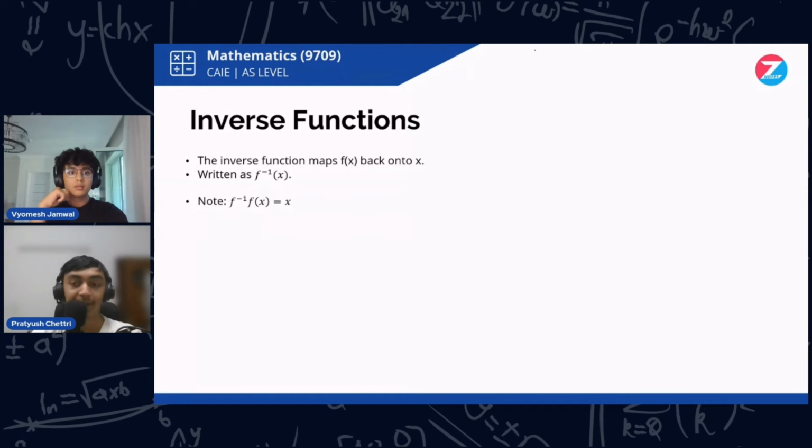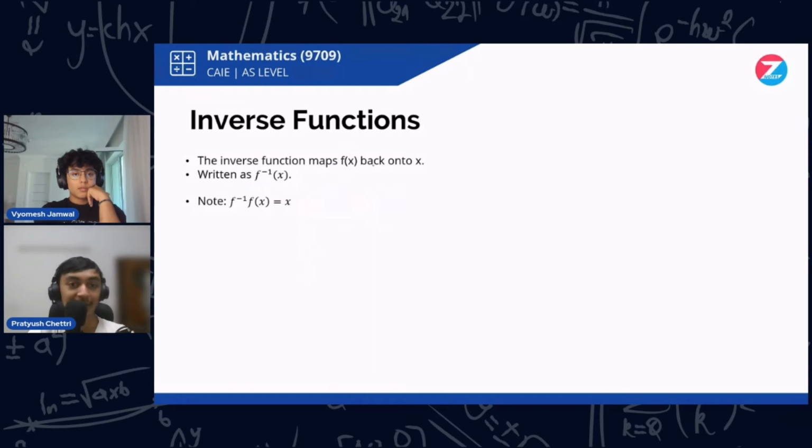Inverse functions. One more thing before we get on to exercises. Hold on to your pants. The inverse function maps f of x back onto x, and is written f to the power minus 1 of x. This is different from f prime of x, so don't get those two confused.